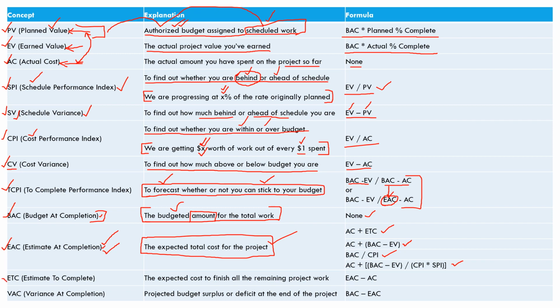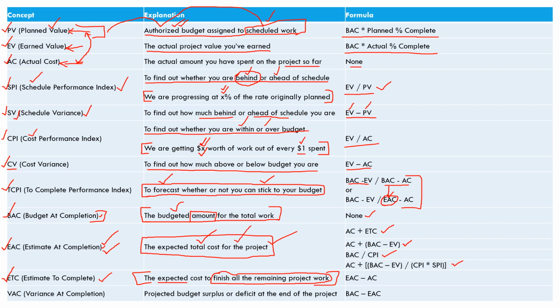Let's talk about ETC, the estimate to complete. Now this is the expected cost to finish all the remaining project work, right? So do you see the difference between EAC and ETC? EAC is the expected total cost for the project, while ETC is the expected cost to finish the remaining project work. So that's the difference: remaining project work and the total cost of the project.